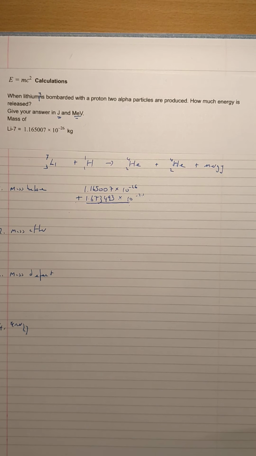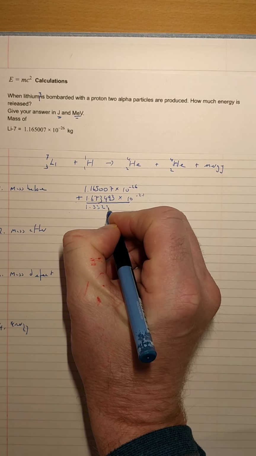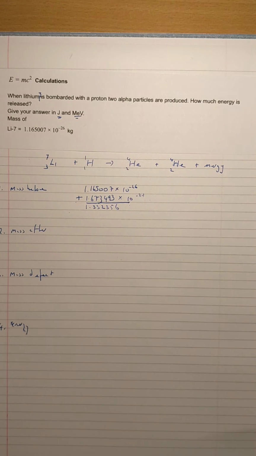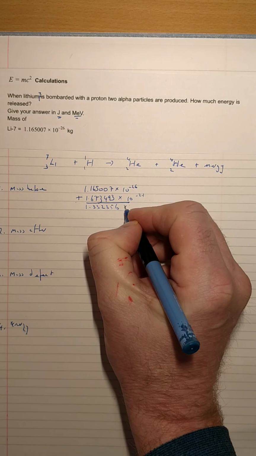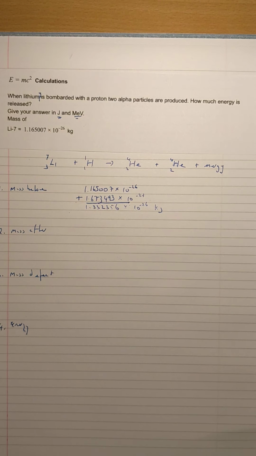We're going to add the two of those together, and we get 1.332356 by 10 to the minus 26 kilograms. Mass before.